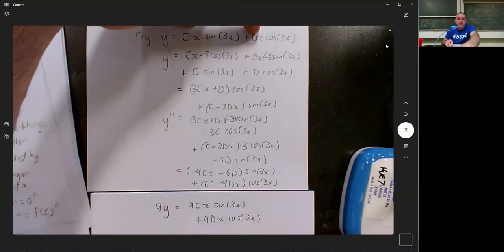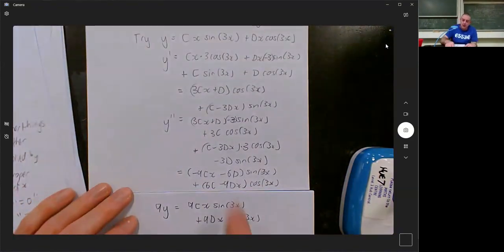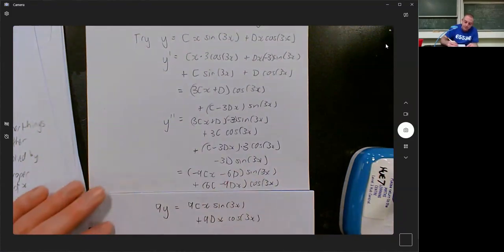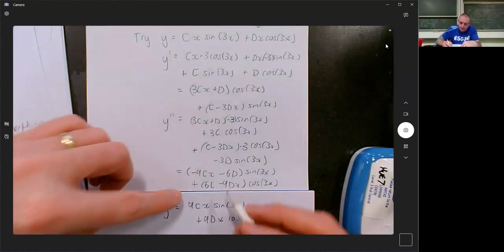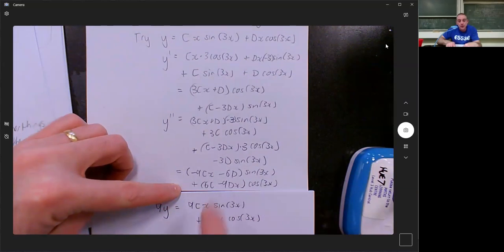So this up here I've multiplied by 9. And all of this, the total, y double dash plus 9y, comes out to, look, minus 9cx minus 6d, that many sine 3x's, plus 9cx sine 3x's, they cancel, and I get minus 6d sine 3x.